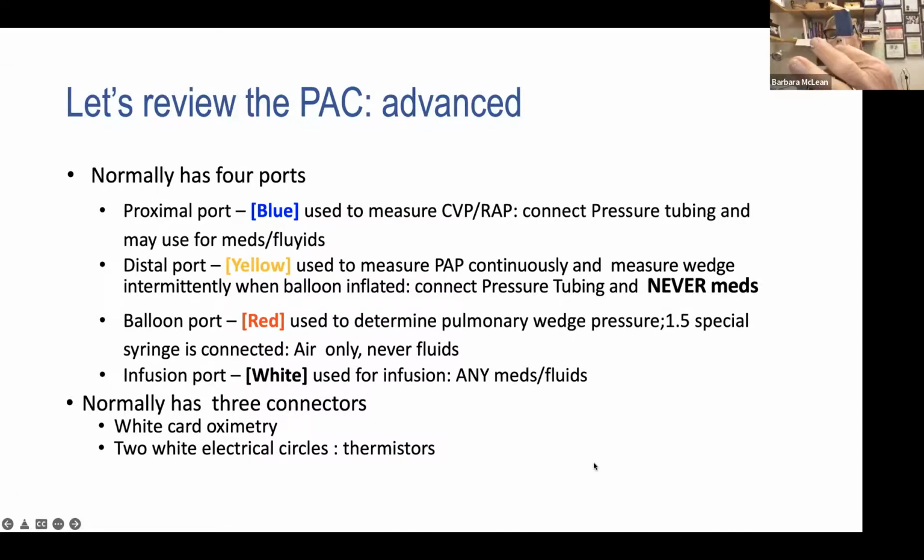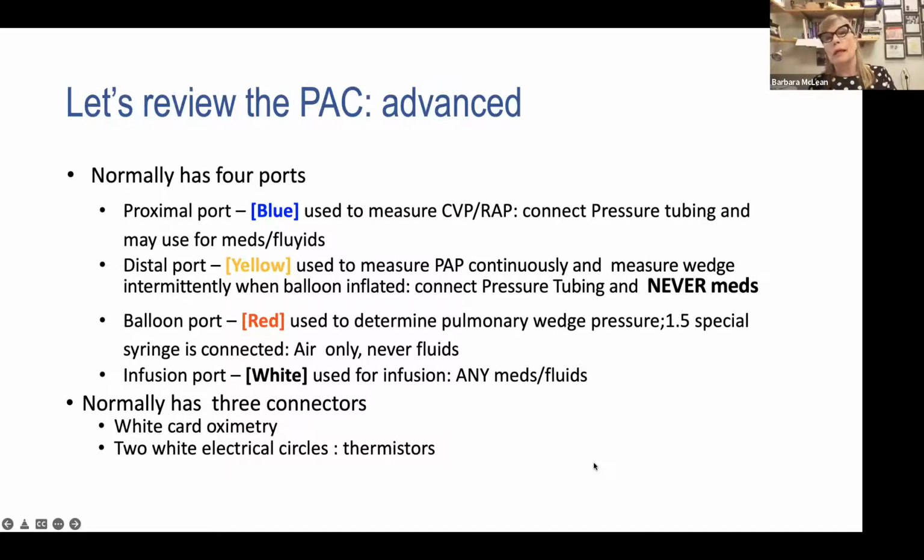The blue card with the white tubing is called an oximetry card, and that connects as a slide into a handheld, basically a handheld computer device that reads the saturation of hemoglobin that is in the pulmonary artery. Now, why is that important?